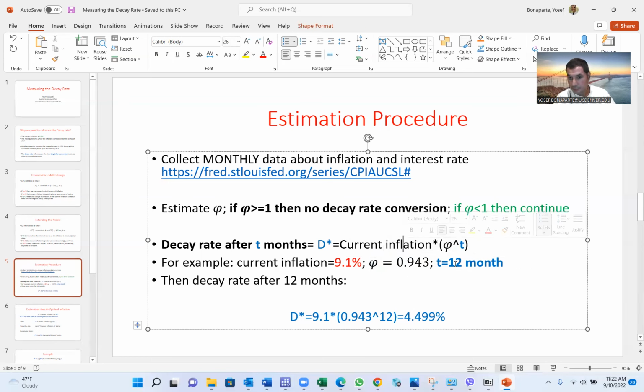Then in 12 months, the inflation will be 4.5. So here's an exercise. The current inflation, which was last month, was 9.1. Suppose theta is 0.943. In 12 months from now, what's going to be the inflation? It will be 4.499.